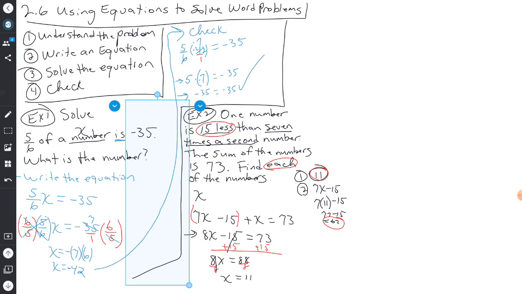We had to go further than just solving for x because it asked us to find the two numbers.